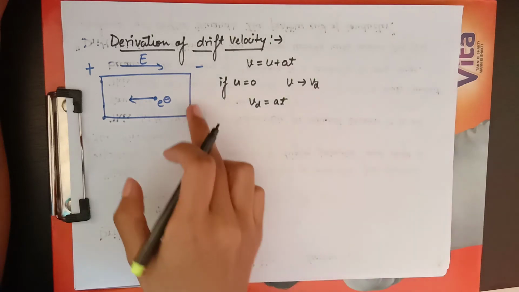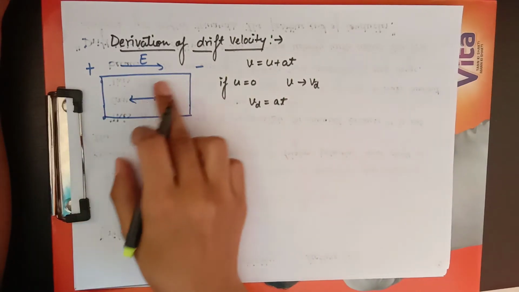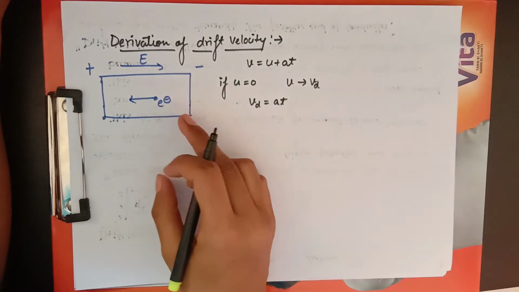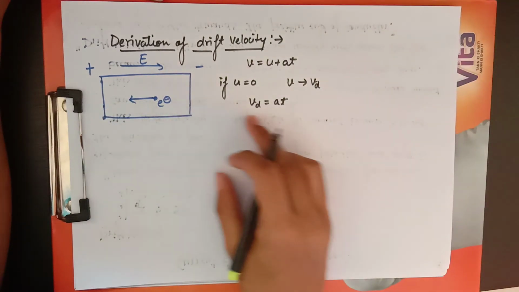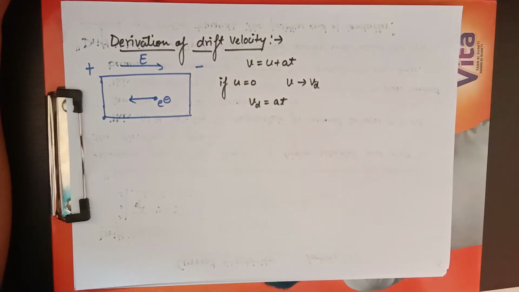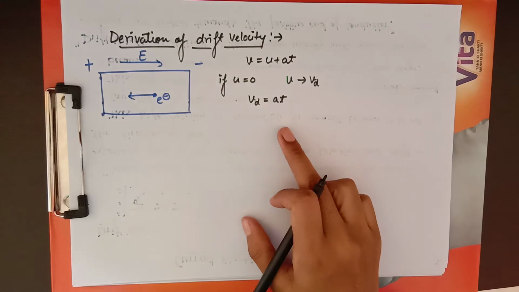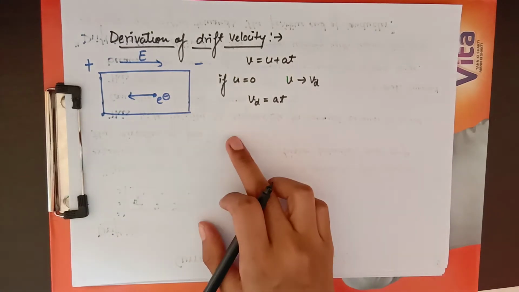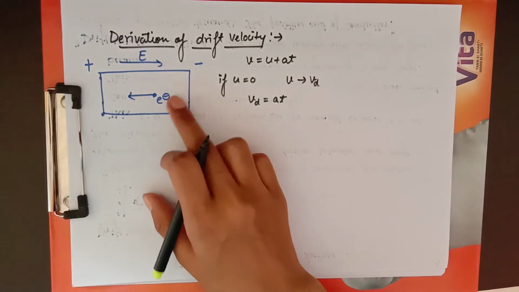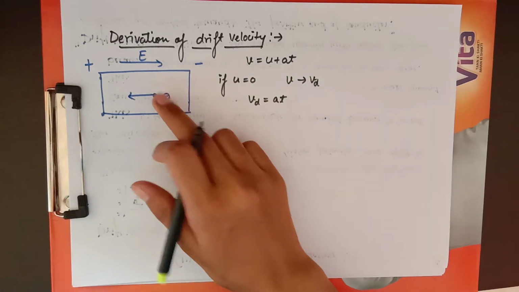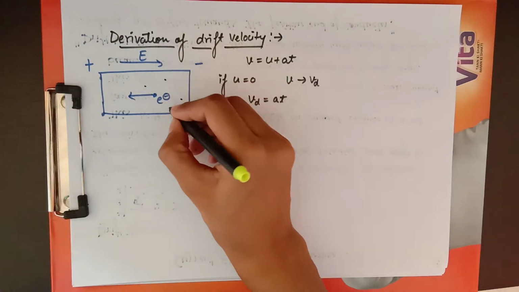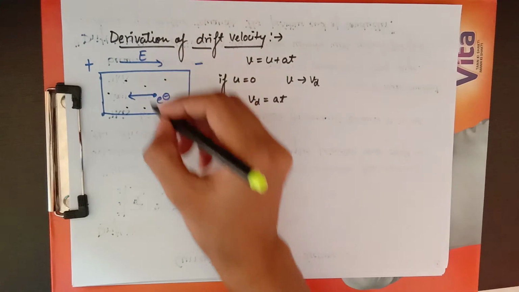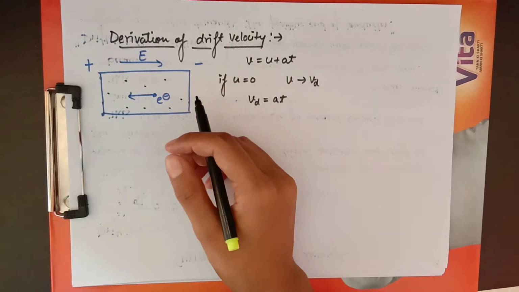As you know, inside a conductor there are n number of free electrons and they move and collide with each other. So this time period is the time elapsed between two collisions. Suppose these are your electrons and some electrons are moving with thermal velocity.